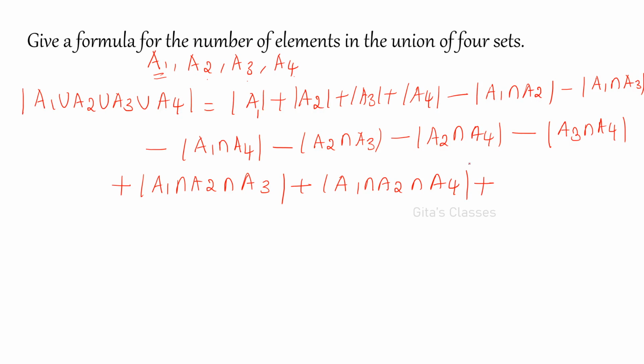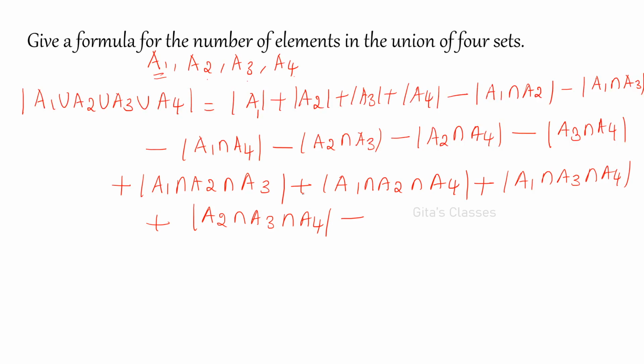Now A1, A3, A4. Now from A1 all the combinations are over. The only remaining combination is A2, A3 and A4. All are intersections only. So A1, A2, A3; A1, A2, A4; A1, A3, A4 and A2, A3, A4. These are the 3 combinations.